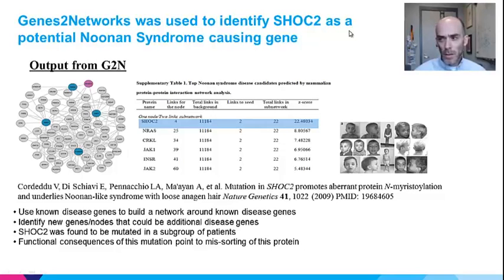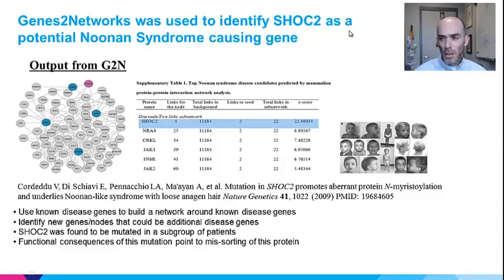Experiments were done in patients with Noonan syndrome, where a mutation was detected in 5% of the patients without an explanation of which gene is mutated in the disease. They showed that there is a mutation in SHOC2 that could potentially be a functional mutation causing the disease.